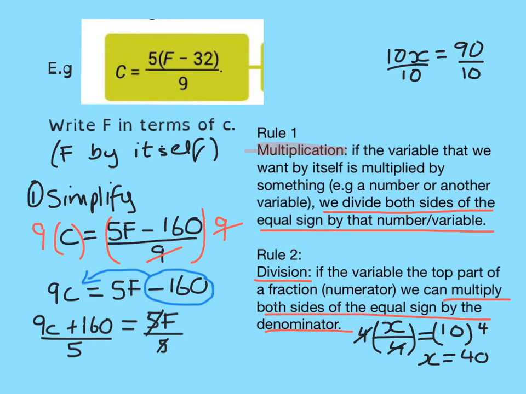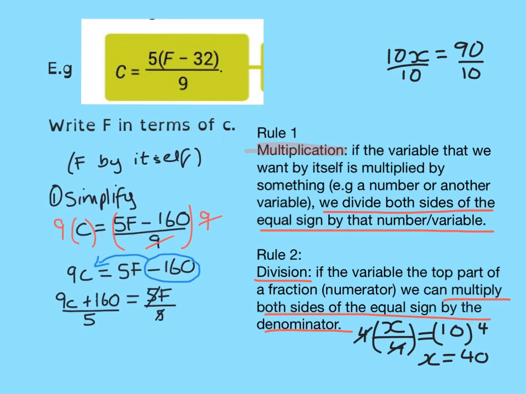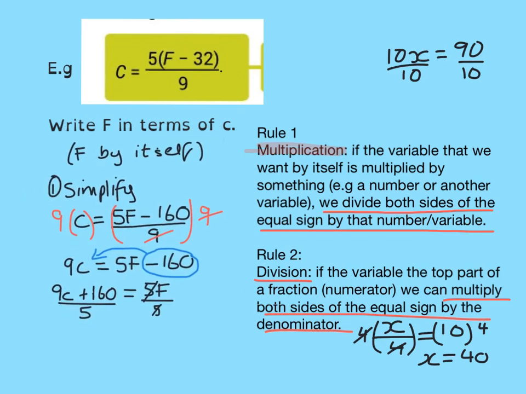And for the last part of this, I'd just flip those around, so my f is always on my left hand side. So whatever I'm going to write it in terms of is on my left hand side. So f is equal to 9c plus 160 all over 5.